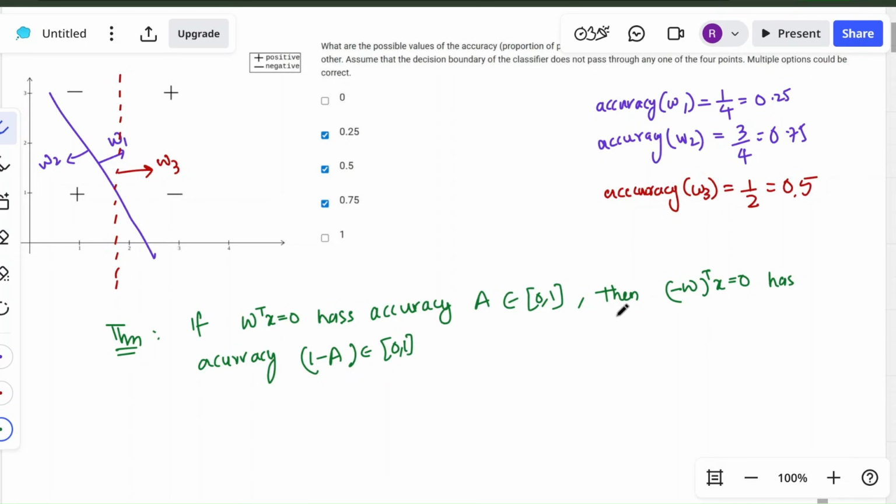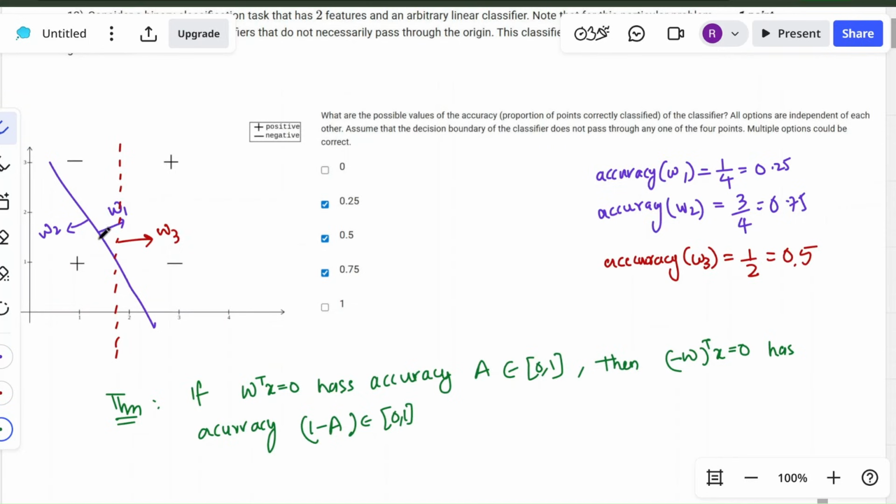Notice carefully, when we switched the sign, or the direction of W1 to W2, it went from 1 by 4 to 3 by 4. So this happens in general. If you have a separating hyperplane with a particular direction of W, and it has some accuracy, you flip the direction of W, the accuracy will become 1 minus the previous accuracy.